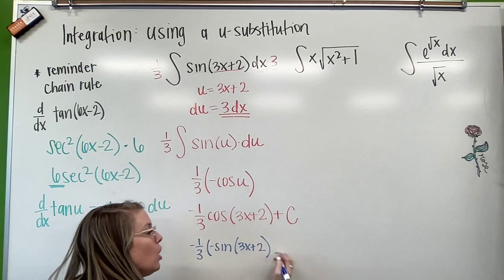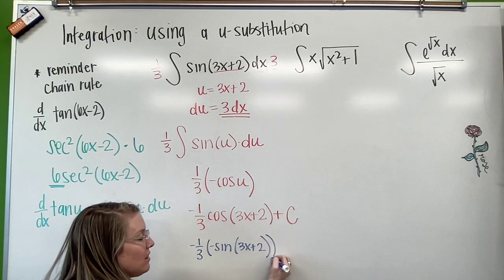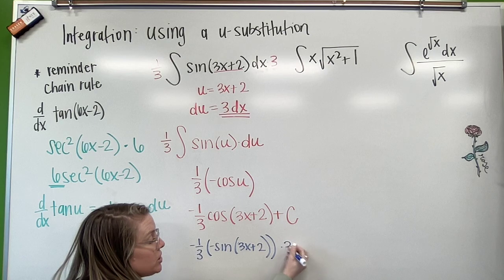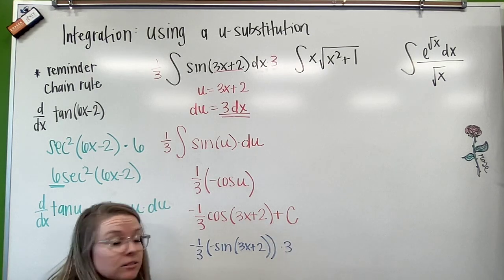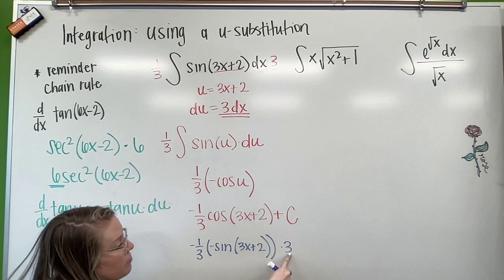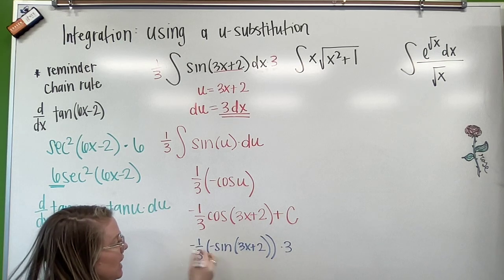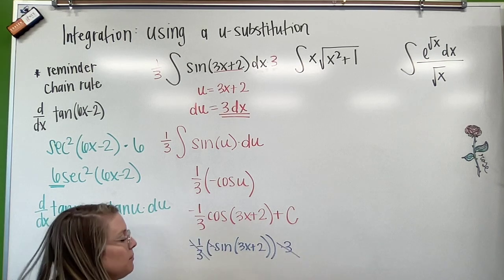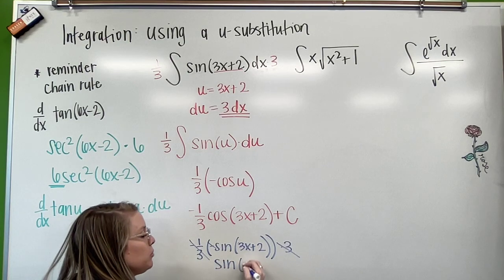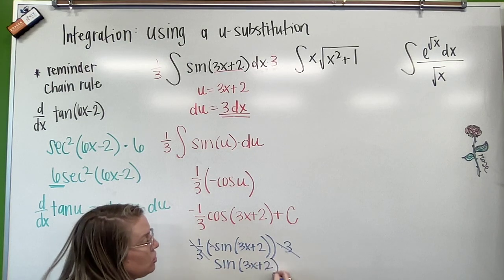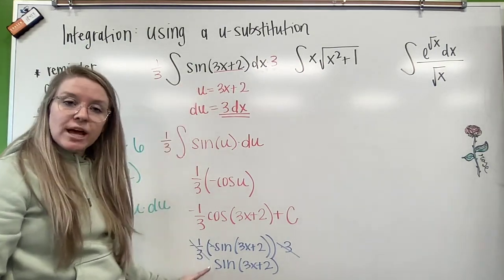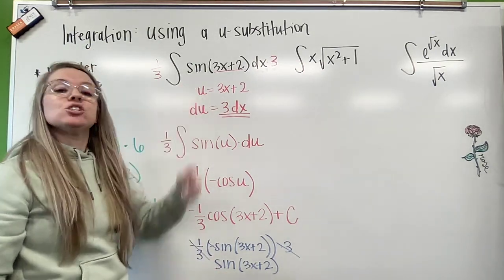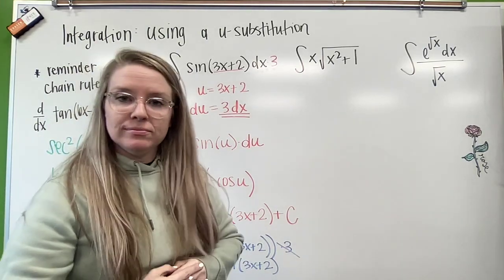Multiply by the derivative of the inside, which is 3, and the derivative of c is 0, so it's gone. So here, my 3, my negative, and my negative 1/3, those are all going to balance out, and I'm left with the sine of 3x plus 2, which is where I started. Built-in check system, take the derivative. Does it match? Yes, you're good to go.